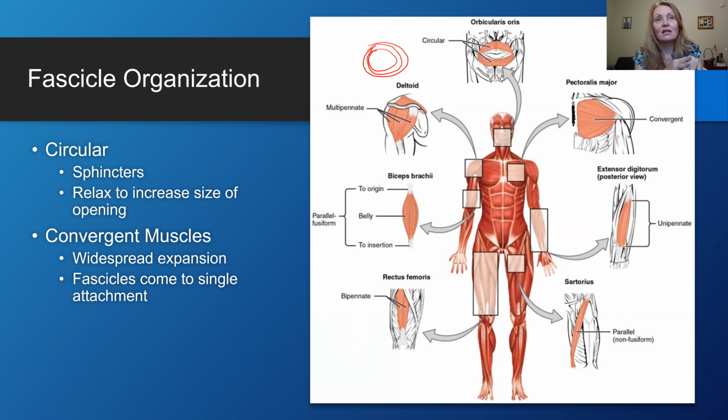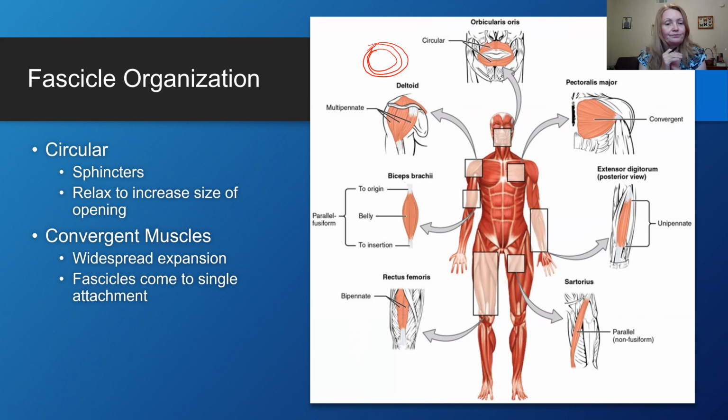That's what a sphincter is. So for example, you have your external anal sphincter, and this will be circular muscles as well. So when they relax, they increase the size of the opening. When they contract, they decrease the size of the opening. And the same with your mouth, right? So you can either contract or relax these muscles.